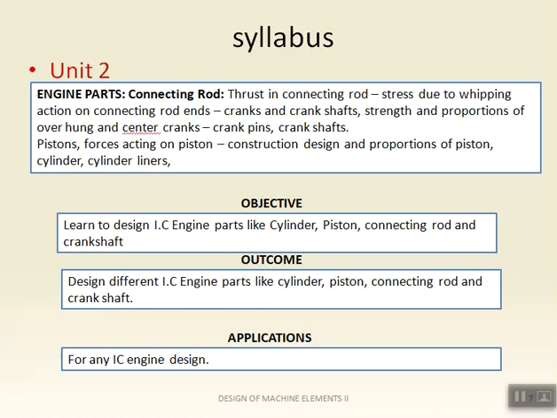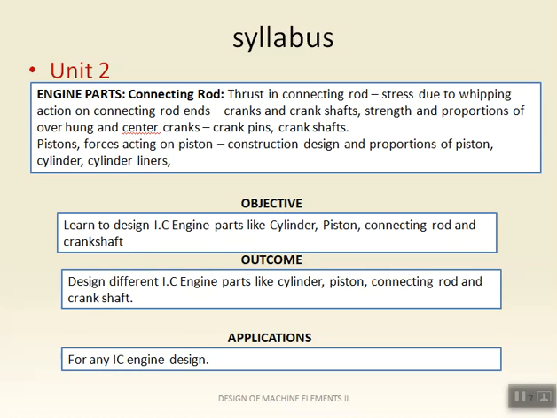You know, engine parts work under a lot of temperature and a lot of gas pressure. So the design of the particular parts must be done very carefully, considering all the factors acting on them. So this is the most important unit, and you feel like a real design engineer while designing those components.